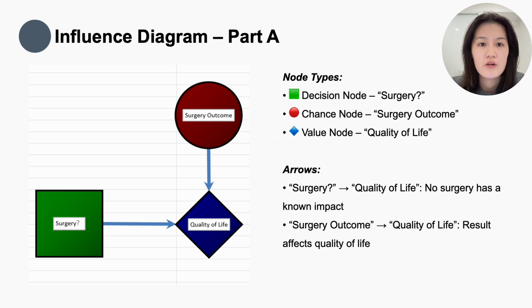And the arrows show how these elements are connected. The decision itself directly affects the quality of life, especially since no surgery leads to a certain decline. And if surgery is chosen, the final outcome depends on how it turns out. So both the decision and the surgery results together shape the patient's quality of life.